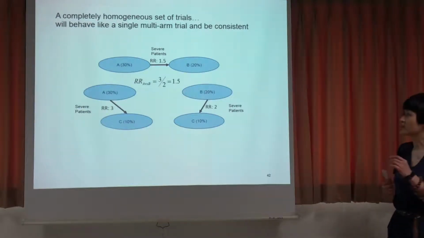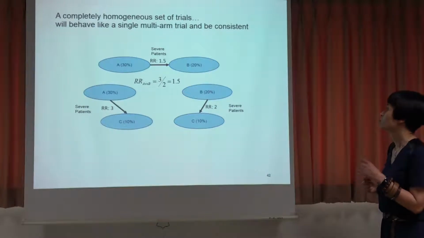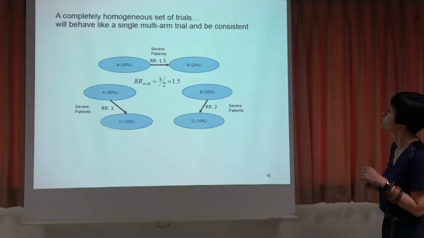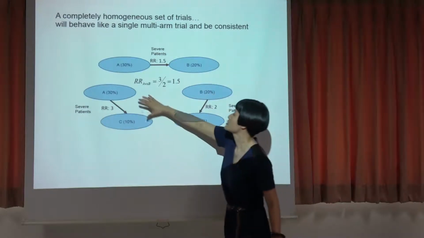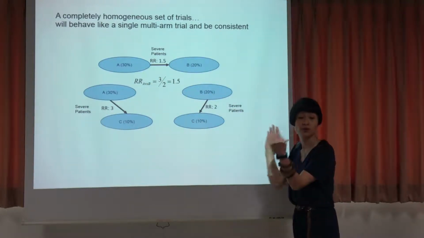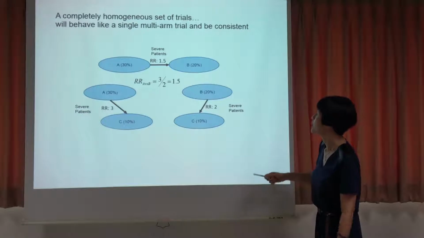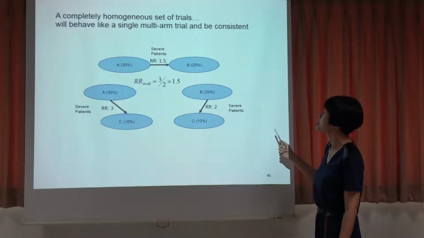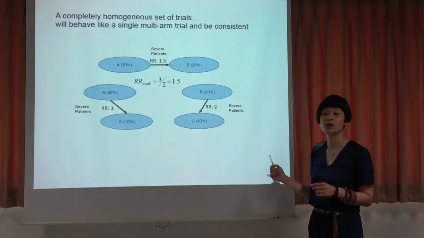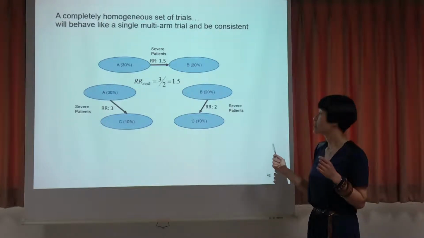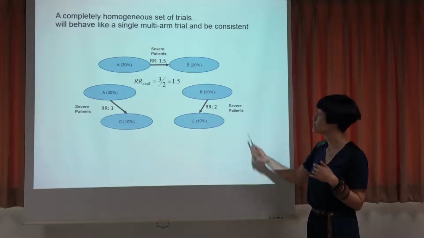Now, the potential problem arises. So if you have a completely homogeneous set of trials, so if these are separate trials, this is one trial, this is one trial, this is one trial, and you're bringing them together, then if it's consistent, it should behave like a 3-arm, head-to-head trial.